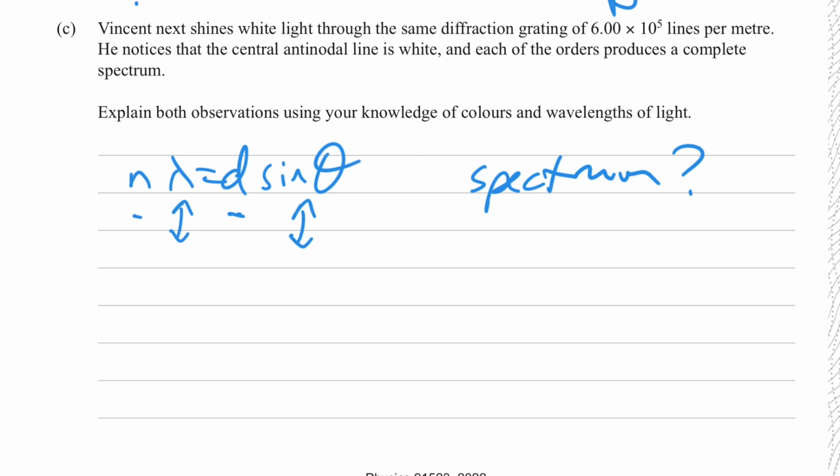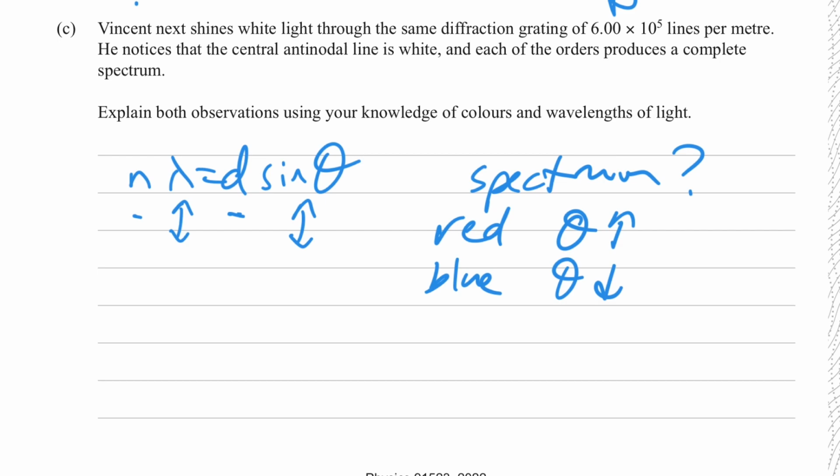So a larger wavelength will see a larger angle of spread. So you'll see the longer wavelengths, such as red, going to a higher angle of spread, so they'll spread further, and blue will have a lower spread.